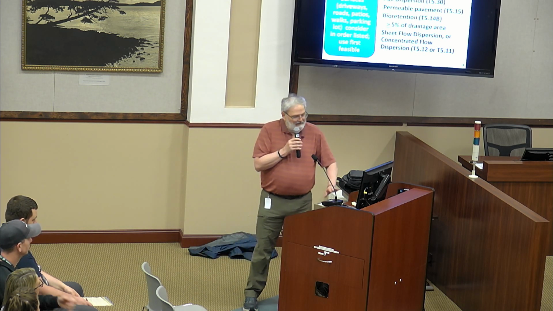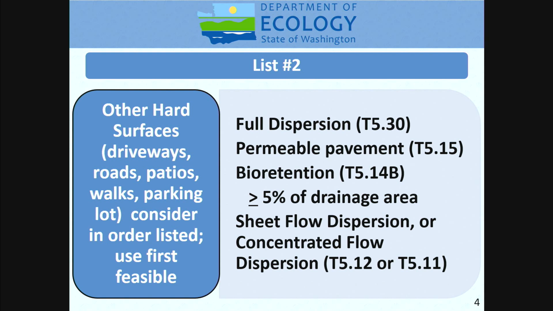Okay, so I'm switching now to minimum requirement number 5, the on-site minimum requirement. You probably are familiar with the fact that we have 2 ways to meet that requirement. One is the LID performance standard, where you run WWHM and show that the flow durations between 8% of the 2-year storm and 50% of the 2-year storm post-development are less than the flow durations pre-development.